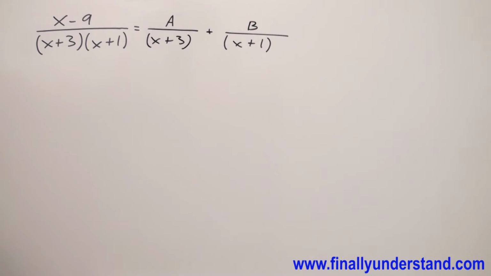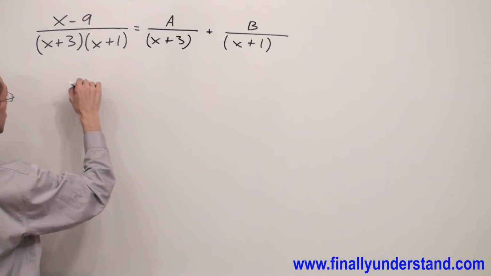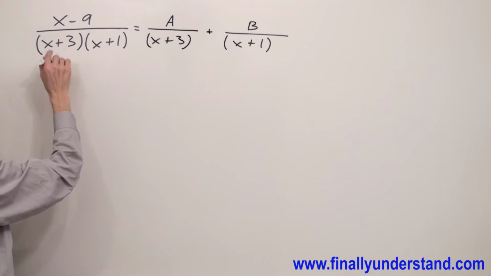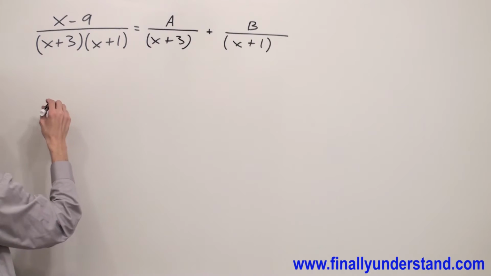What I have to do is multiply the left side of my equation and the right side by the common denominator. The common denominator for this problem is x plus 3, x plus 1.